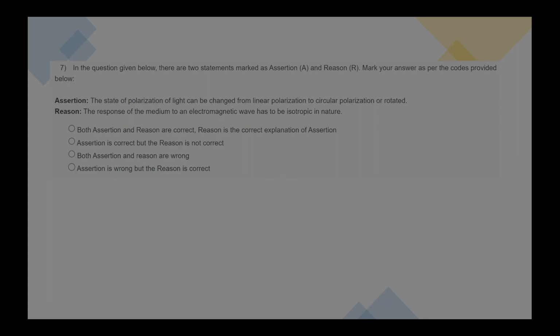Now the question number 7. In the question given below, there are two statements marked as assertion A and reason R. Mark your answer as per the codes provided below. Assertion: the state of polarization of light can be changed from linear polarization to circular polarization or rotated. The reason given is that the response of the medium to an electromagnetic wave has to be isotropic in nature.